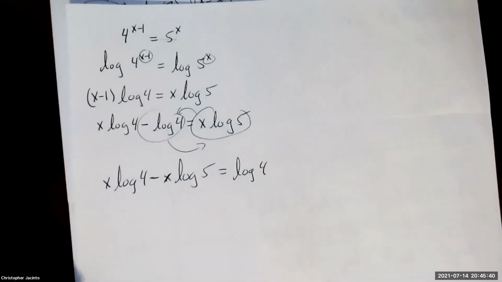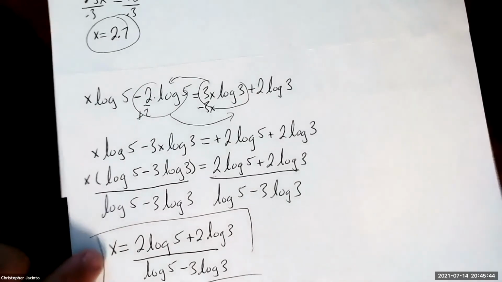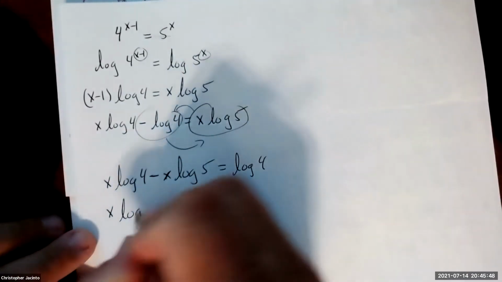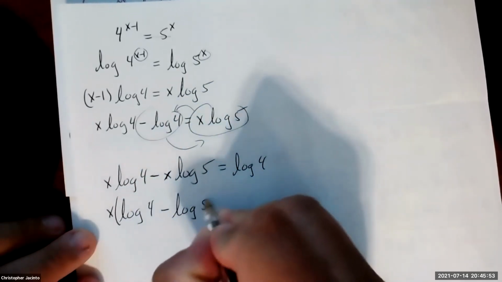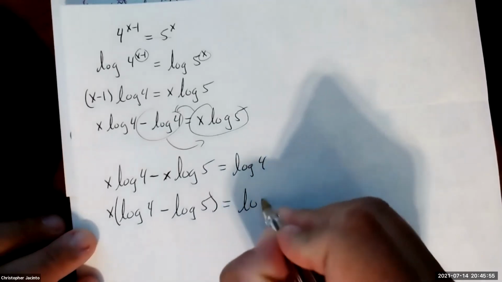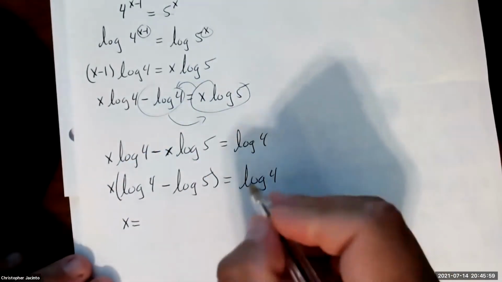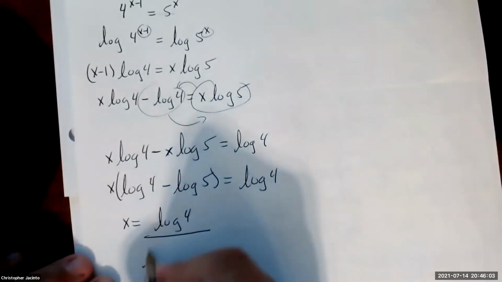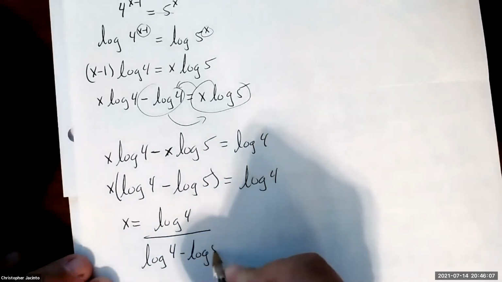And now notice you use the exact same step that we did here. So now you're going to factor out and just divide by that whole thing. Therefore, your final answer is this on top divided by that whole thing on the bottom.